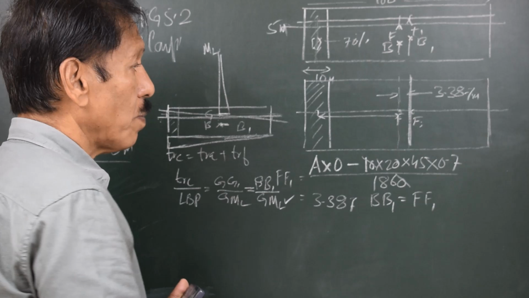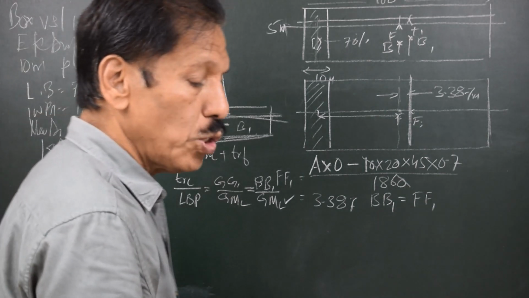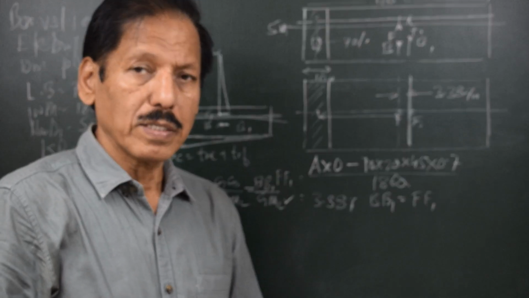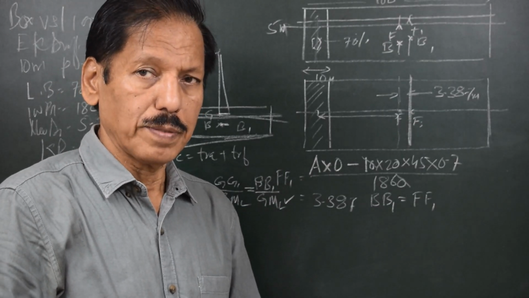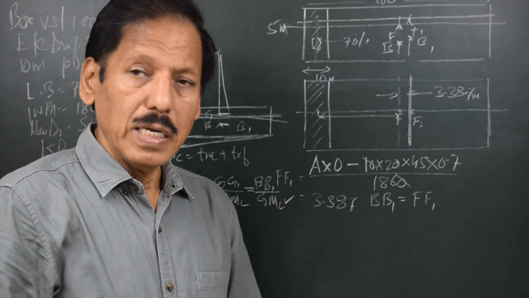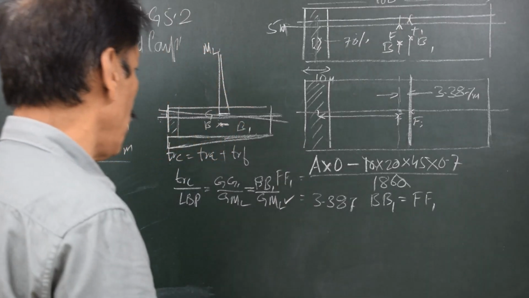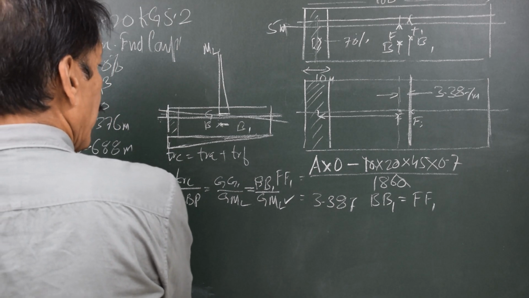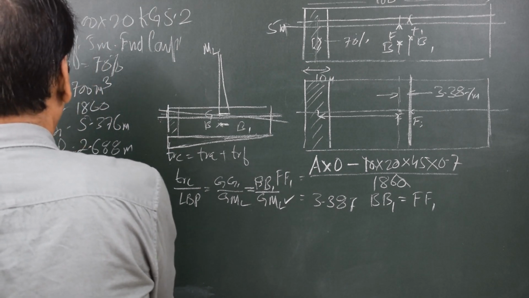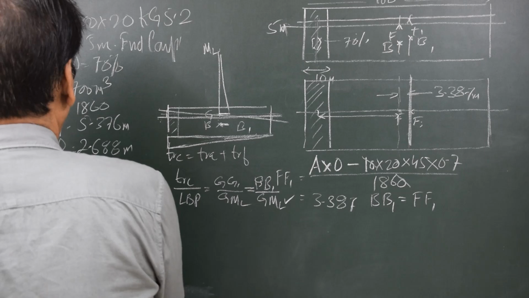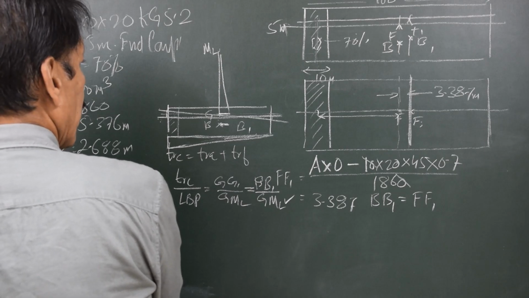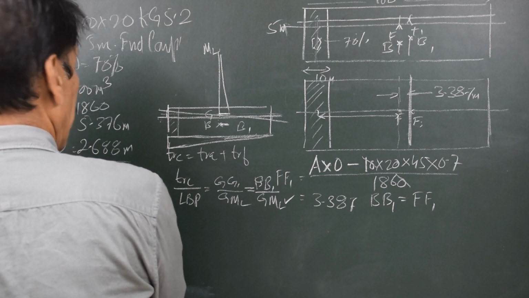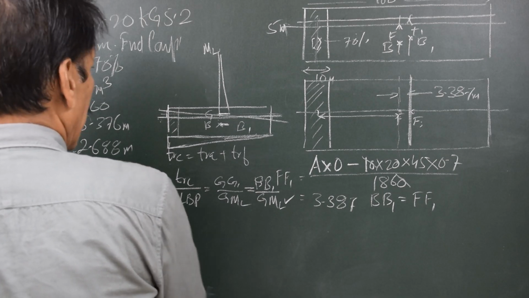Now, how to find out the BML? BML is residual moment of inertia about an athwartship axis passing through center of flotation divided by intact underwater volume, right? So what I do here is I will write down BB1 is equal to FF1, and that is equal to 3.387 meters.